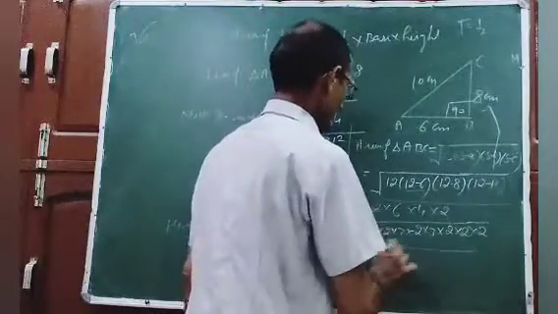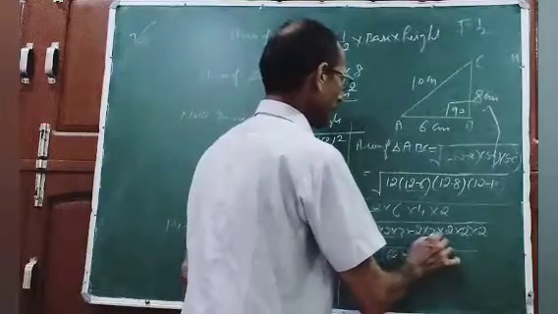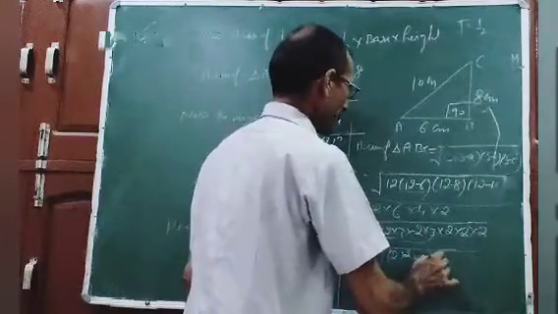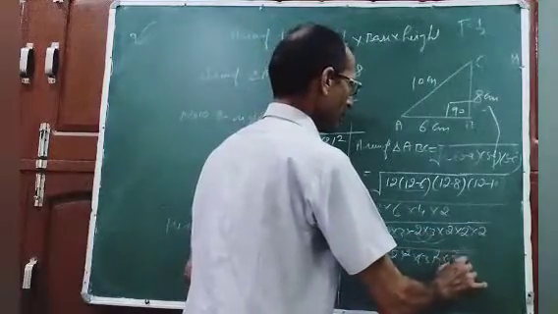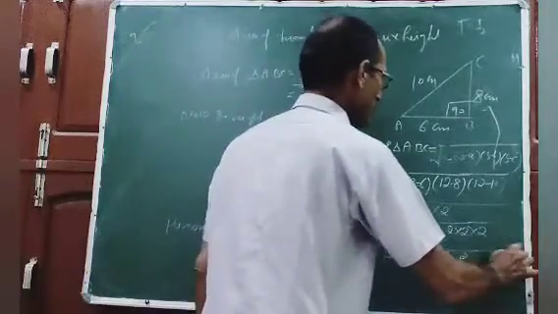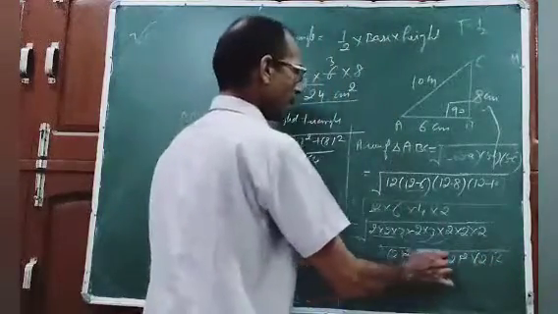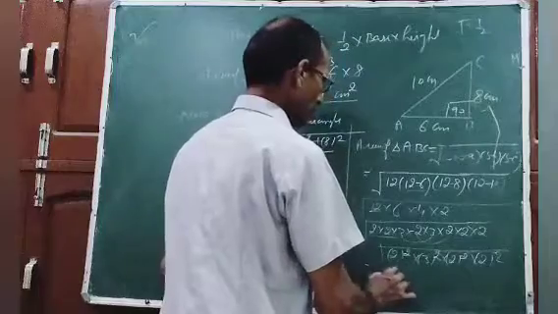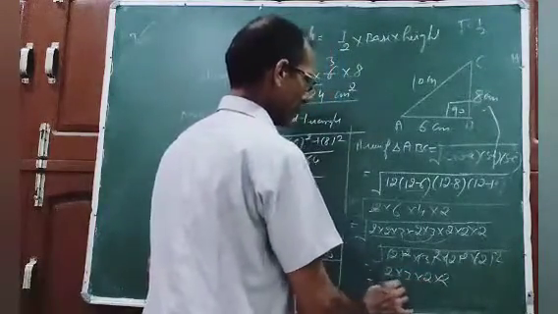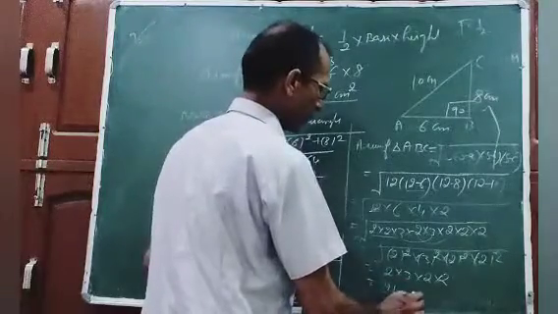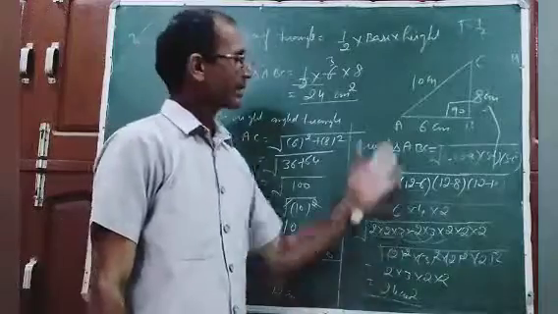So 2 square, this 3 is 2 times, so 3 square, this 2 is 2 times, 2 square, this 2 is also 2 times, 2 square. So square will cancel with square root. So 2 multiply 3 multiply 2 multiply 2. So this will be 24 square centimeter. Same area.